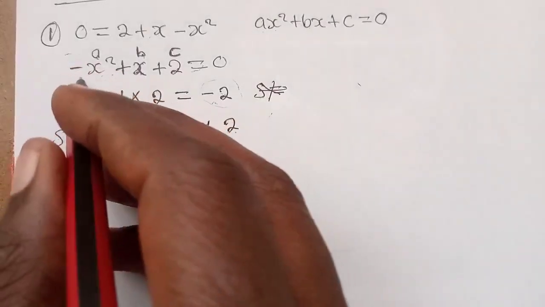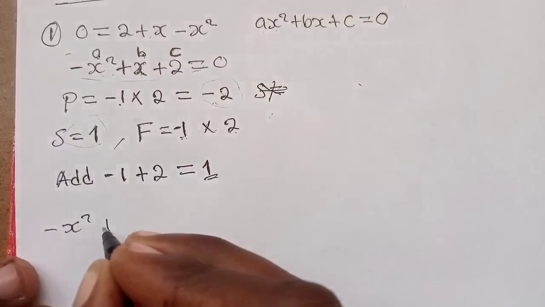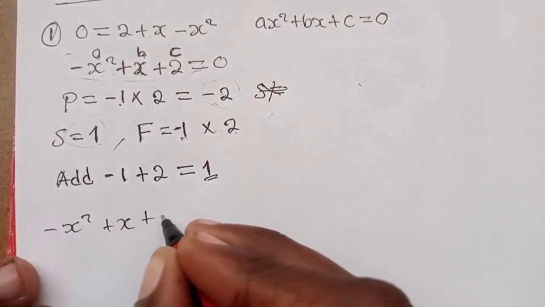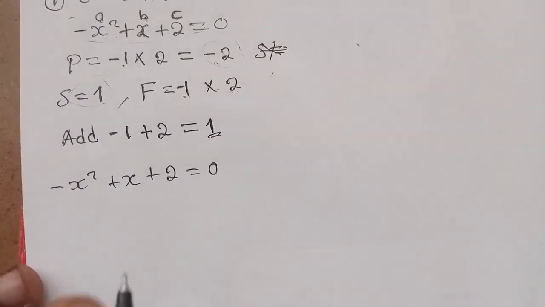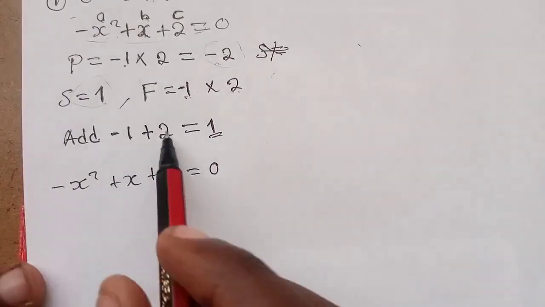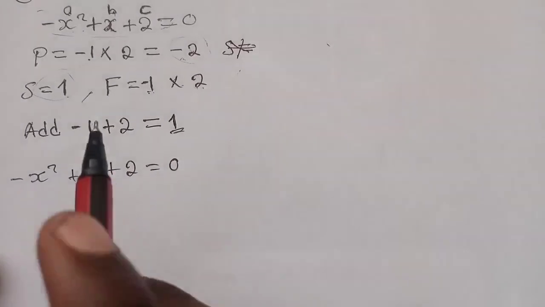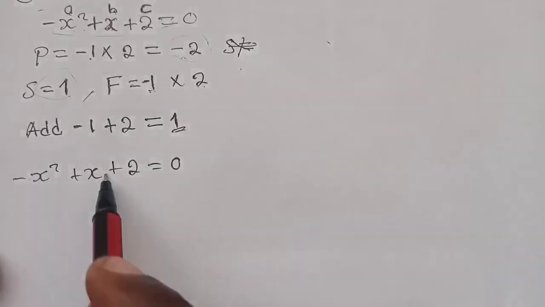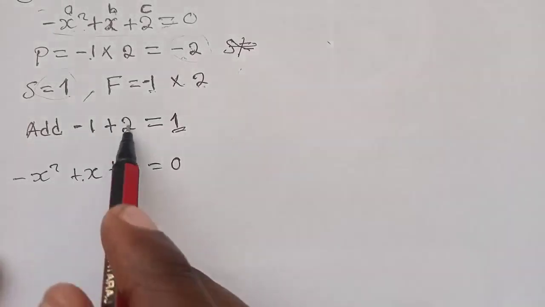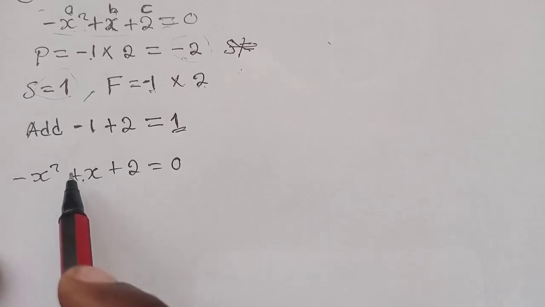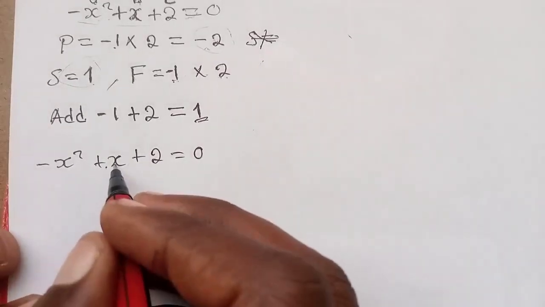So now you go to this: negative x squared plus x plus 2 is equal to 0. I said that in the previous video, these factors will replace b. So these two factors are supposed to replace b.